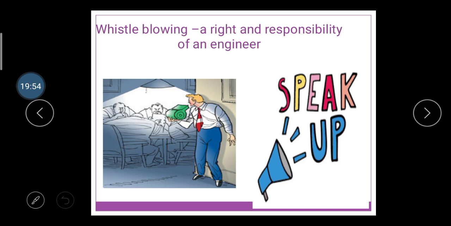If you speak up, then automatically our country will develop at the highest level. You can contribute to developing our country. And I wish that you can do this type of work whenever you become an engineer, a civil engineer or a computer engineer.